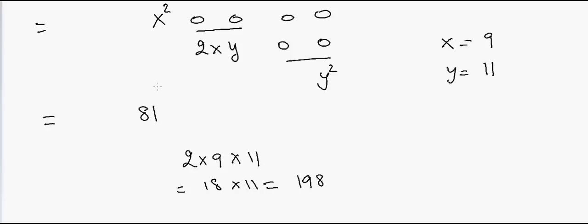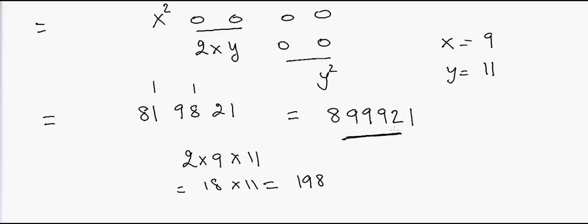So we'll have 198, and then we have y square. 11 square is 121. So 21 and carry 1 here, right? So in that case, the answer would be equal to 899921. So that's your answer.